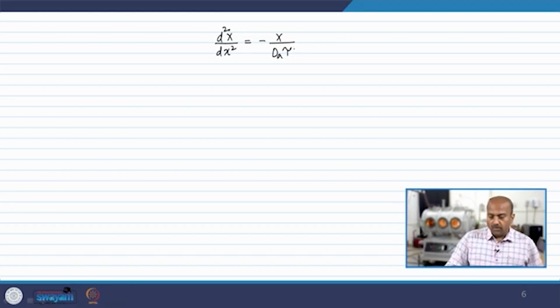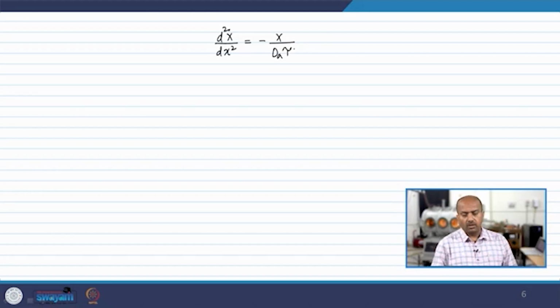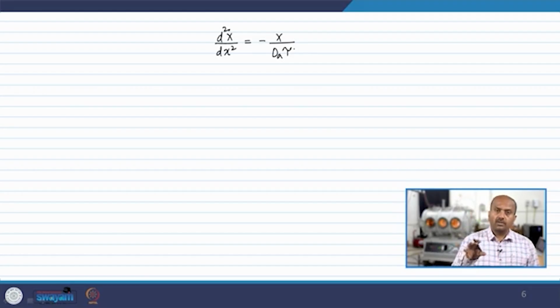Now, how can we solve this equation, this second order differential equation? There are multiple methods. You can assume a solution such that you take two derivatives of it and still have some form of the same solution appearing on the right hand side.